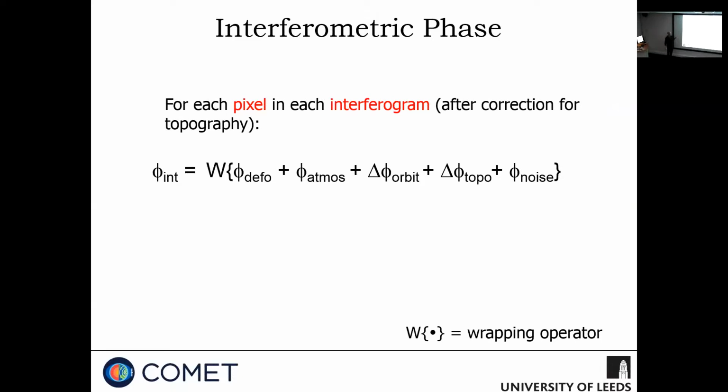So to understand the algorithms, I'm going to talk about two different algorithms for identifying these pixels. You have to drill down a little bit more into what's contained in the phase of each pixel.